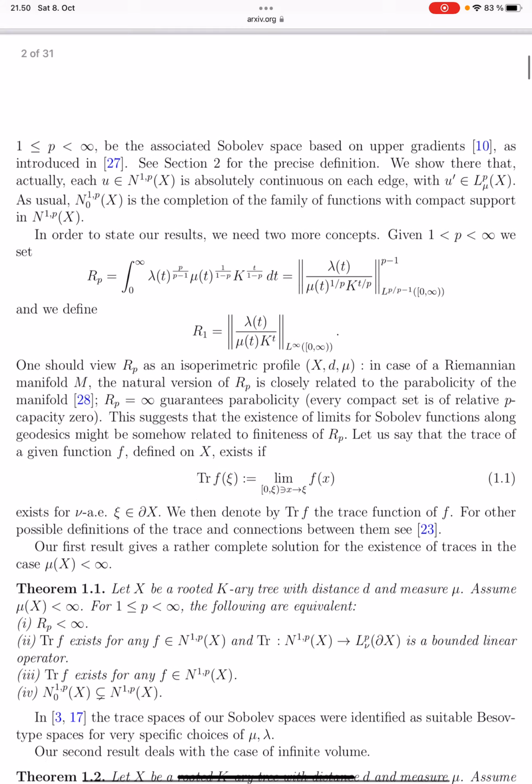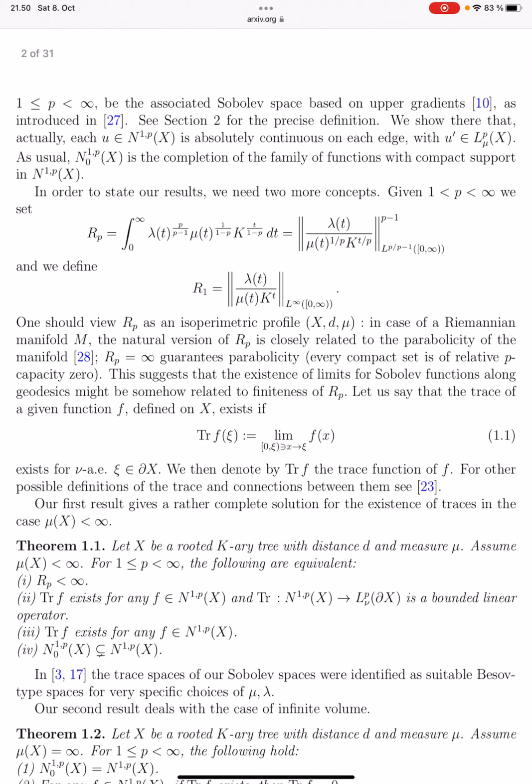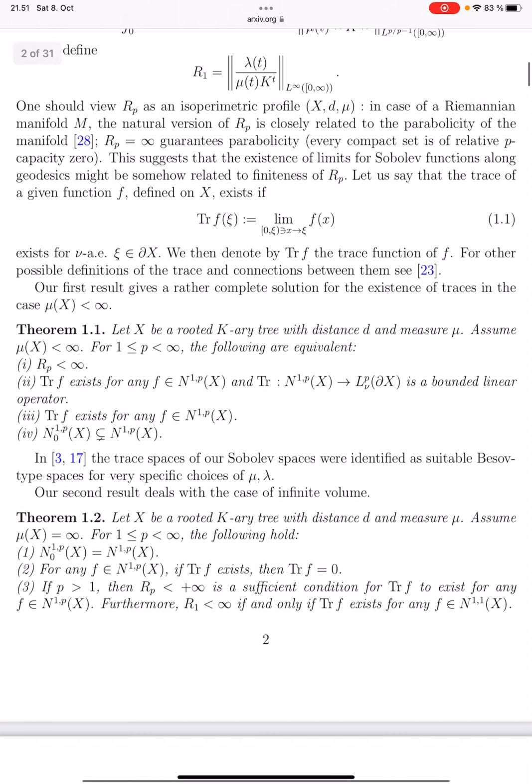So what they prove in this paper is, by assuming some boundedness of some quantity, here that would be this Rp, so it's some power of lambda, some power of mu, and k is just one number. And the theorems look like this.